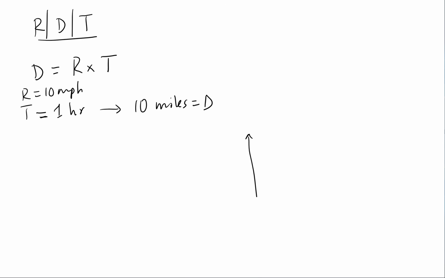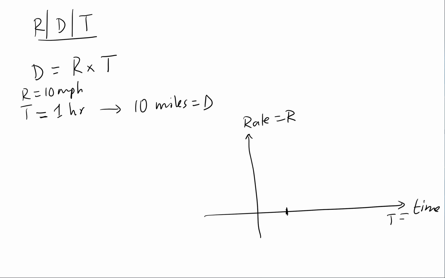So graphically, if I put this to be the time axis and this is the rate R, we said 1 hour, and the rate is 10 miles per hour. This is the 10 miles. So the 10 miles will be represented by this area. This is the distance.